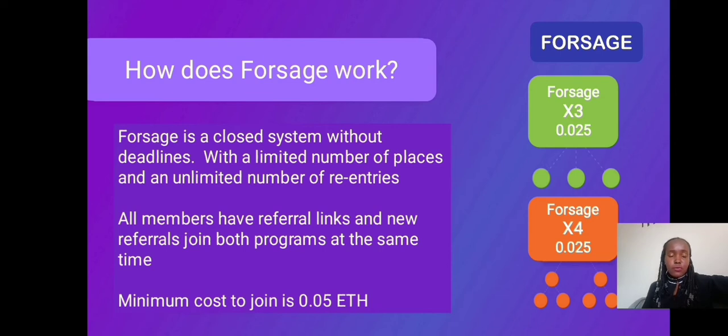Forsage works just like any other mobile company. For instance, Safaricom. In Safaricom, we have the company, we have what we call the administrators, we have the agent, and we have the customer.